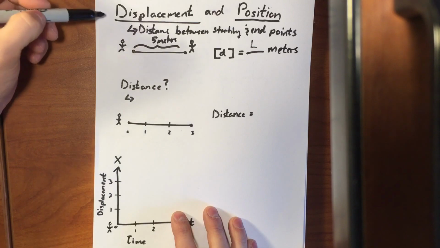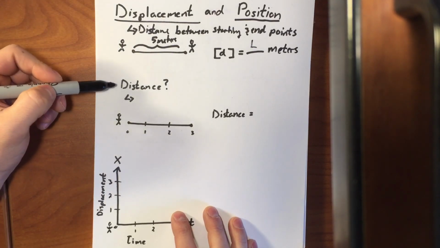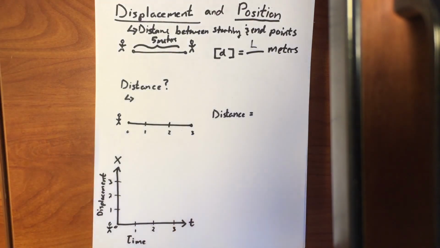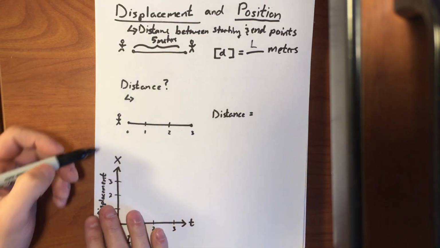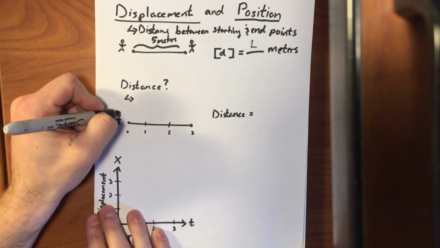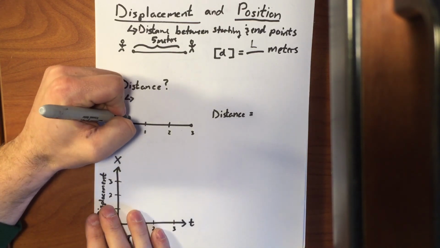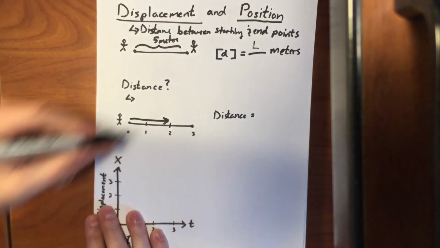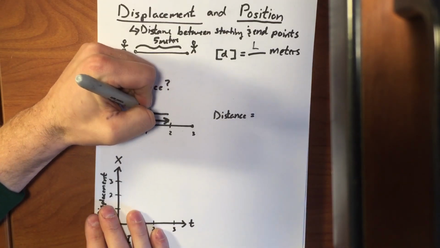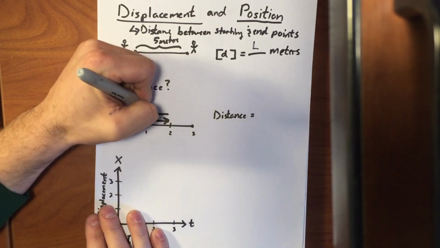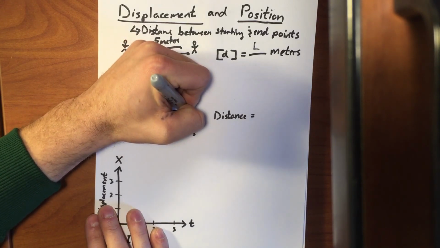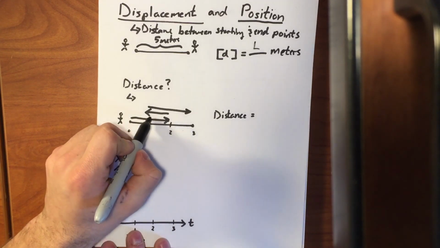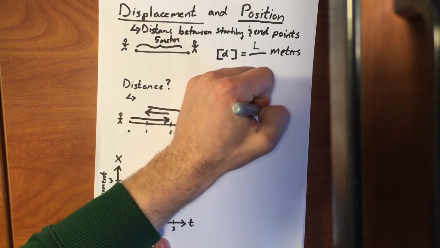Now, the difference between displacement and distance is simply that distance is almost the absolute value of displacement. So, for instance, if we have Tom again here, and let's say he walks 2 meters this way, and then walks 1 meter backward, and then 2 more meters forward, he's traveled a total distance of 2, 3, 5 meters.